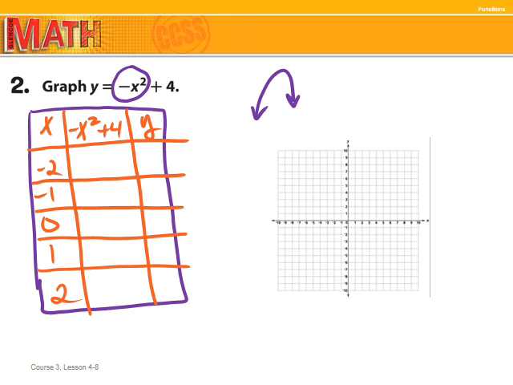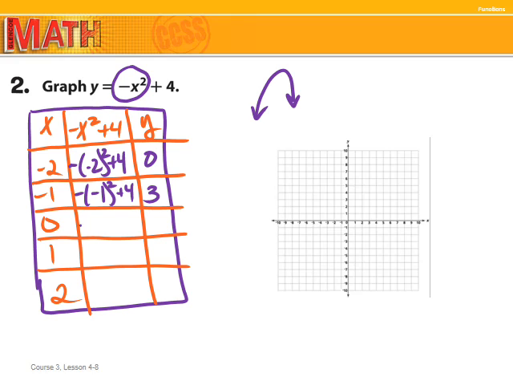Let's plug in negative 2 squared plus 4. Negative 2 squared is 4. Don't forget the negative on the outside. So negative 4 plus 4 is 0. Negative 1 squared plus 4. 1 squared is 1, so negative 1 plus 4 is going to be 3.